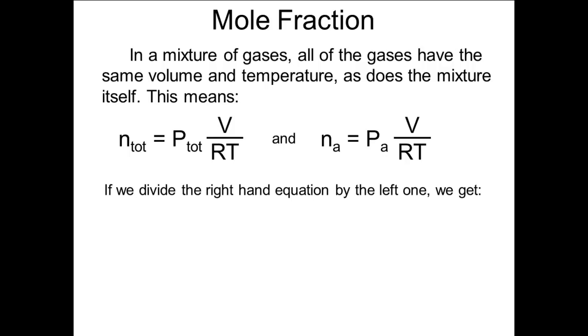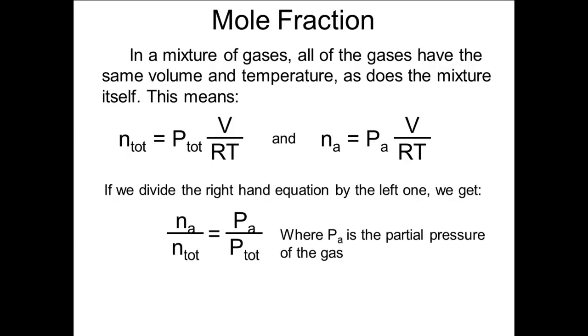If we divide the right-hand equation by the left one, we get moles of gas A over the total number of moles, that is the mole fraction of gas A, equals the partial pressure of gas A over the total pressure.